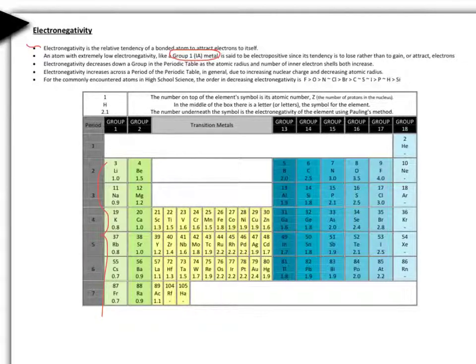Electronegativity decreases as you move down a family because the atomic radius increases, and therefore it's easier to pull those electrons away.